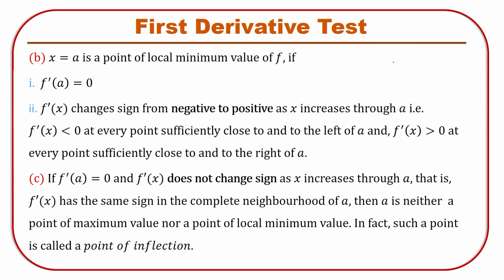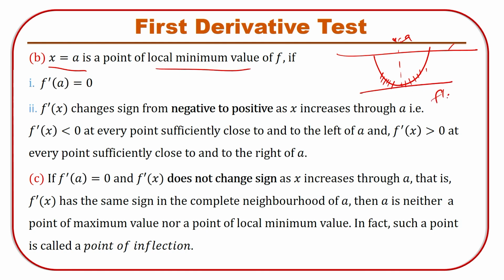And for a minimum value, look at this point. This is your axis and this is your point x equal to a, and look at this value, just the opposite, the reverse of this. So, x equal to a is called the local minimum point of f, where f dash of a equals 0, and f dash of x changes sign from negative to positive as x increases through a.